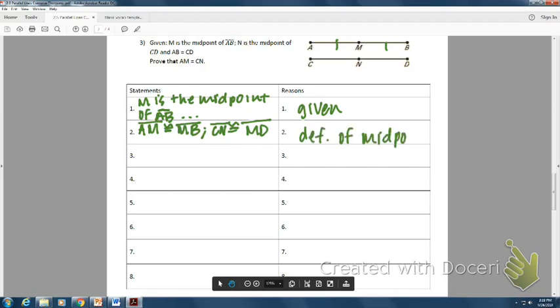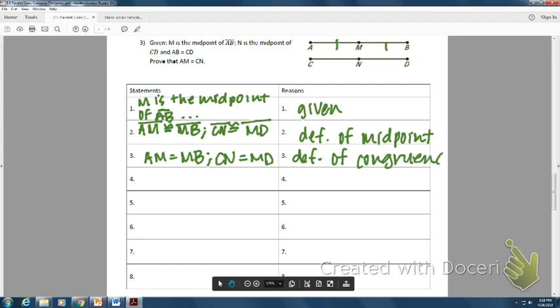If two things are congruent, what does that mean? They're equal. So now we can get rid of our congruent symbol. We know that AM equals MB, CN equals ND. If you forgot this step, I wouldn't count it wrong. We also know that AB is the length of CD.